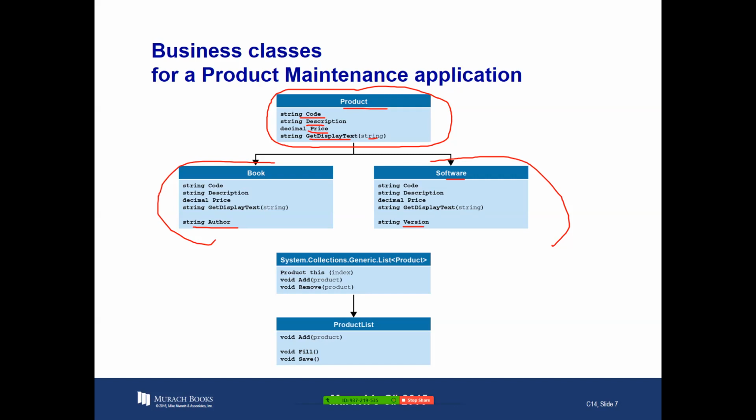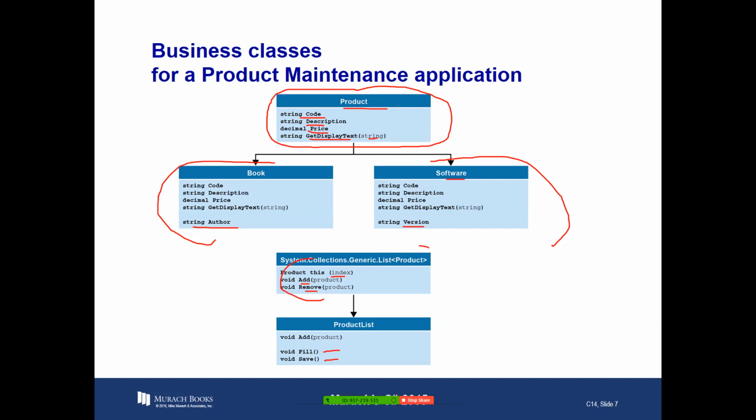List has these basic methods that come with it: an add and a remove, and an index, basically. And we may want to create a product list class which contains these things, but also adds a couple of other things like fill, which will fill a list with a bunch of products, and then save a list, someplace, save it out into the database or something.